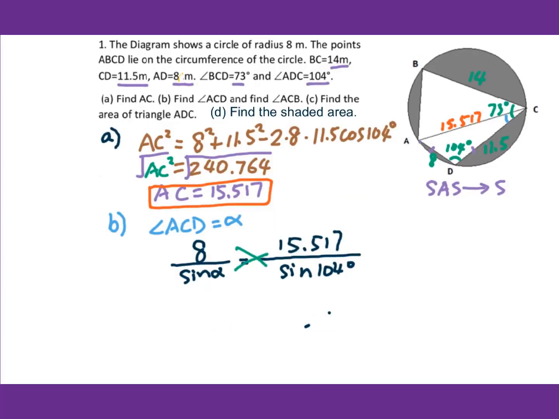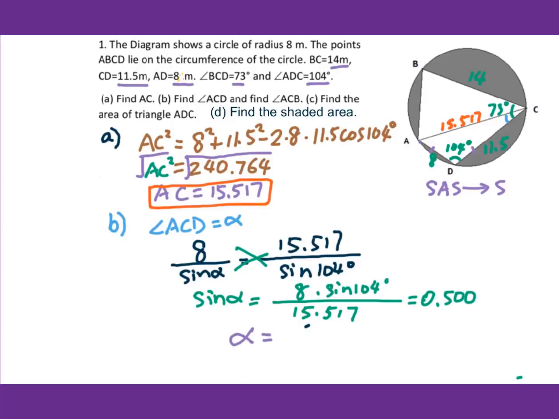Cross multiply. That's sine alpha equals 8 times sine 104 degrees, over 15.517. So we put it into the calculator, we will get alpha by doing inverse sine of 0.500.